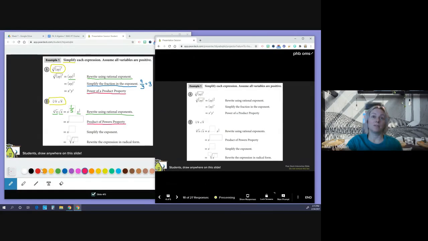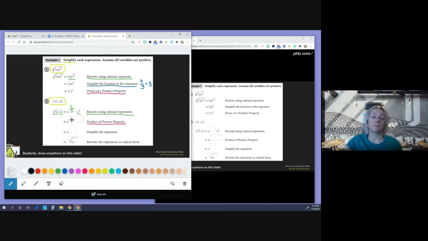Well, x is the common base. And then these two exponents, 1/5 and 1/2, according to that rule, we're going to add them.